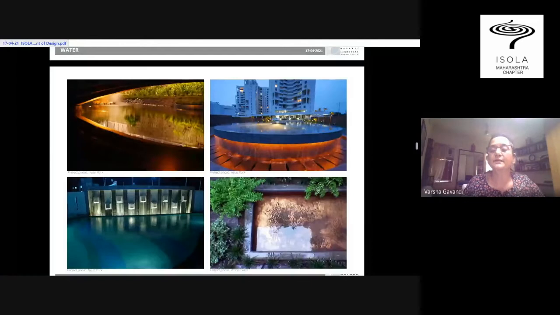For its reflective quality, for entertainment, use of various mediums to contain water, because that's another quality: it takes the shape of the container, or even the color changes as per the color of the container.